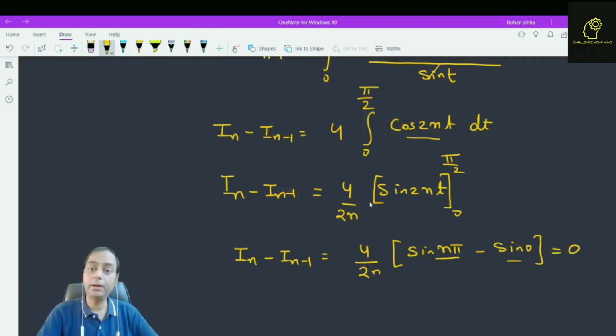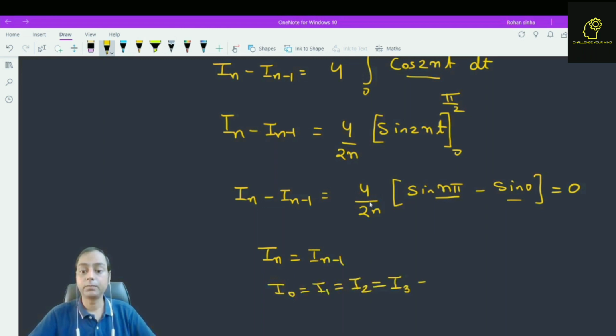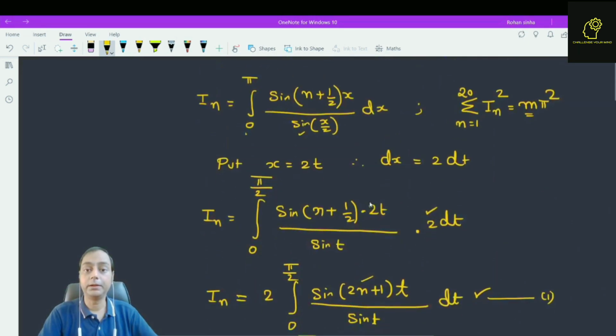So if this overall term is 0, what can we say about I_n and I_(n-1)? I_n is equal to I_(n-1). So we can say that I_0 is equal to I_1 is equal to I_2 is equal to I_3, all equal up to I_20, because all are equal. Now what is I_0 here?